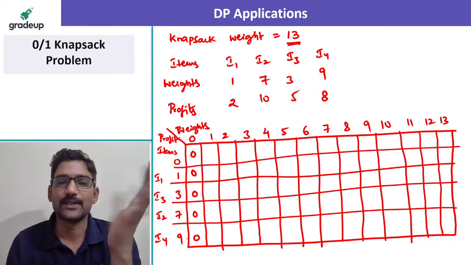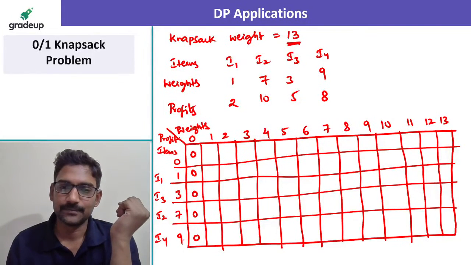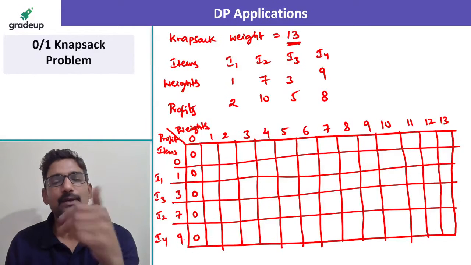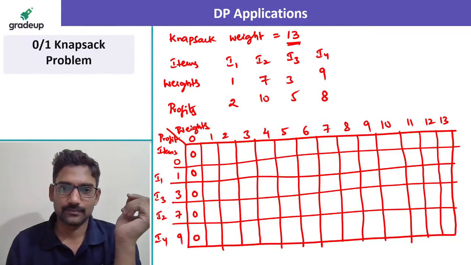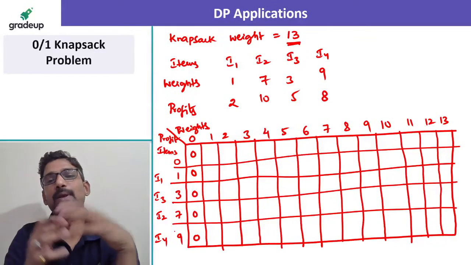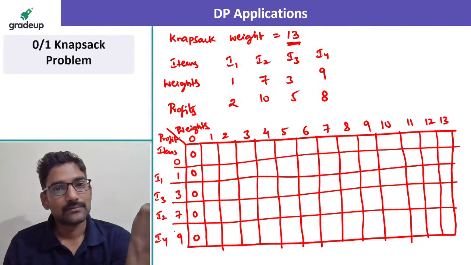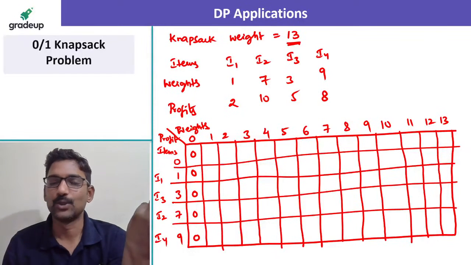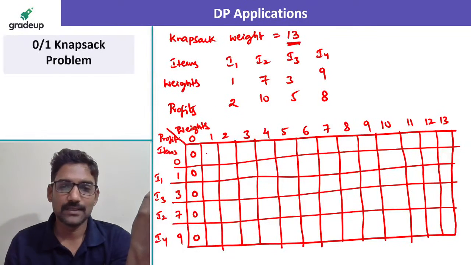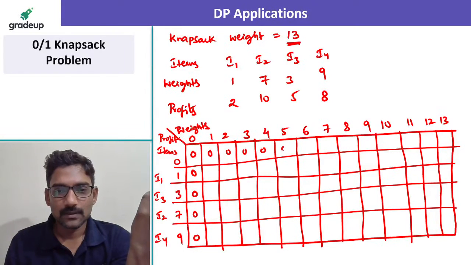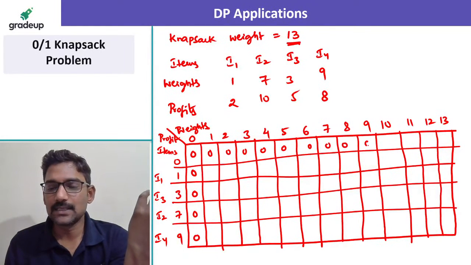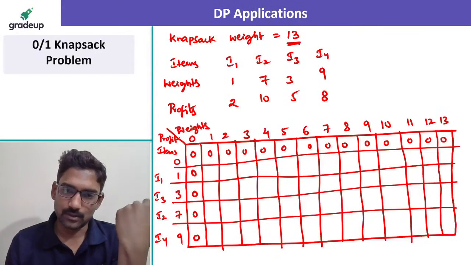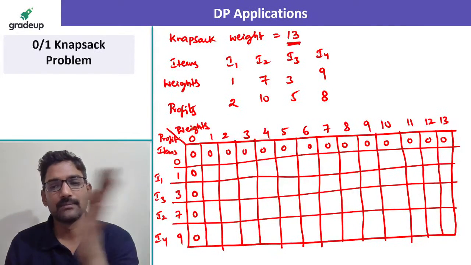You just see and enjoy, but you can't purchase anything. Similarly, you have no items but you went with a big truck. In that case also, can you purchase anything? No. So what is the profit you gain? 0. That is the meaning of the 0th row and 0th column: with no knapsack or no item, no profit.